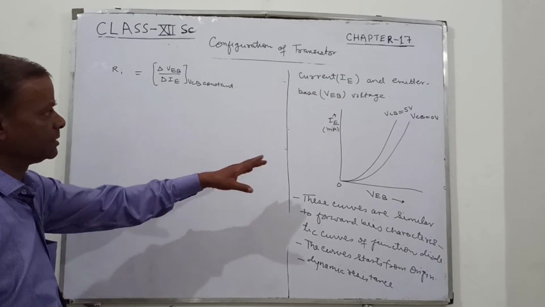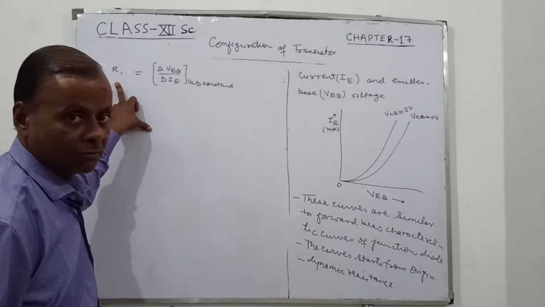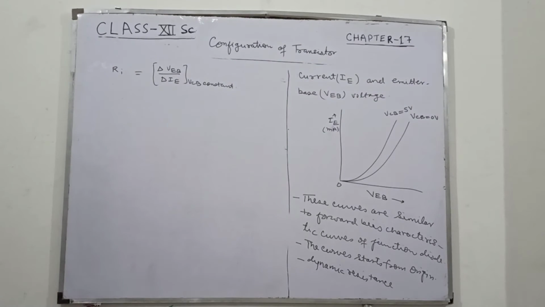So we take the curve and find the slope, and that will give you this value, and this is your dynamic resistance.